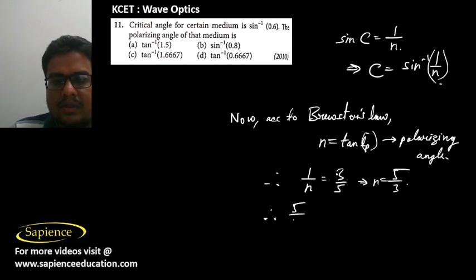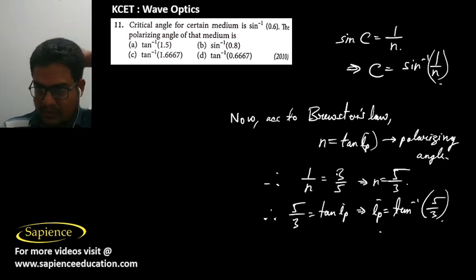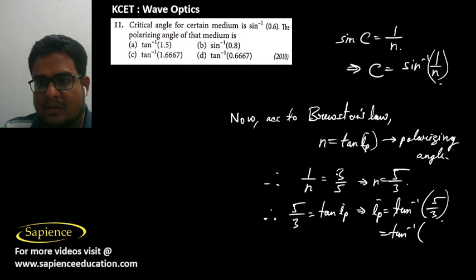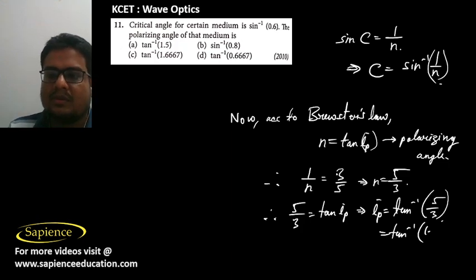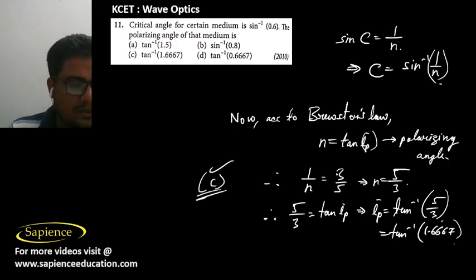Therefore 5 by 3 should be equal to tan IP. So the polarizing angle should be tan inverse of 5 by 3, which is tan inverse of 1.66667. So option C is the correct answer.